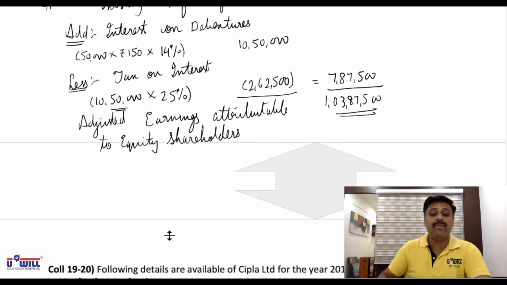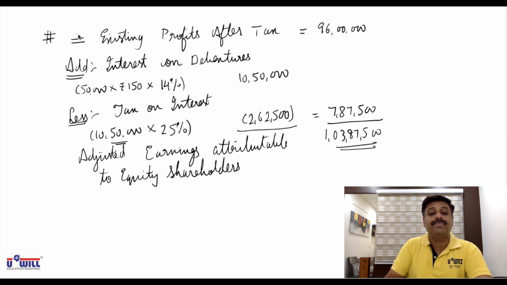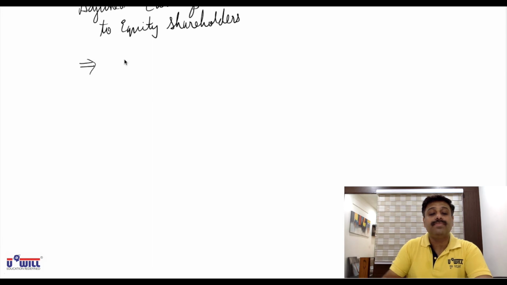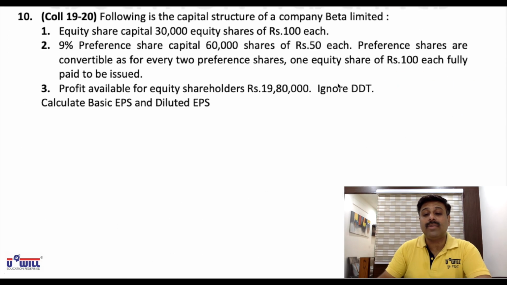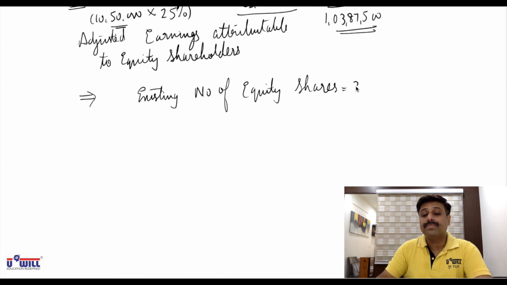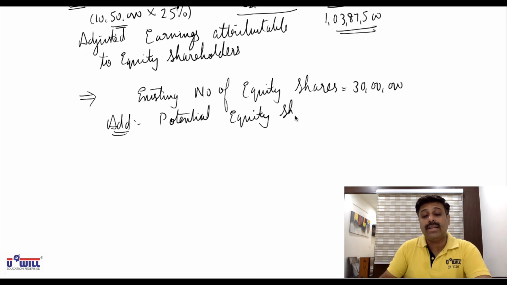Now same way we have to find the adjusted gains also. This is one part we have done. Now adjusted gains. What are existing number of equity shares? Existing, there are 30 lakh equity shares. In that we will add potential equity shares, means debentures which will get converted into equity shares.